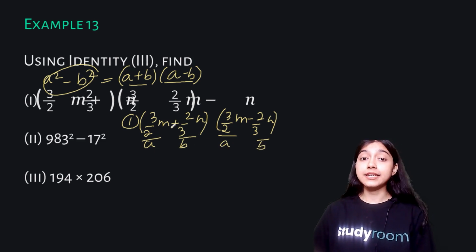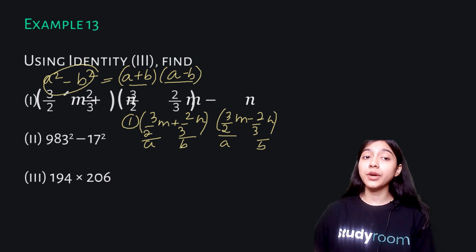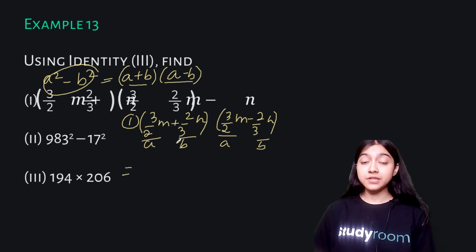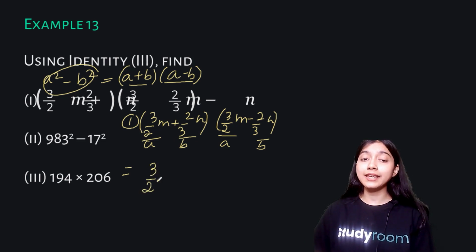So what is it? It is A plus B multiplied with A minus B. So we can use this identity. That will be equal to A square minus of B square. So let us use it. Ultimately, A plus B and A minus B will give us A square minus of B square. So I'll take A, that is 3 by 2m, and I'll take the whole square of this thing, subtracted by B square. B is 2 by 3n.